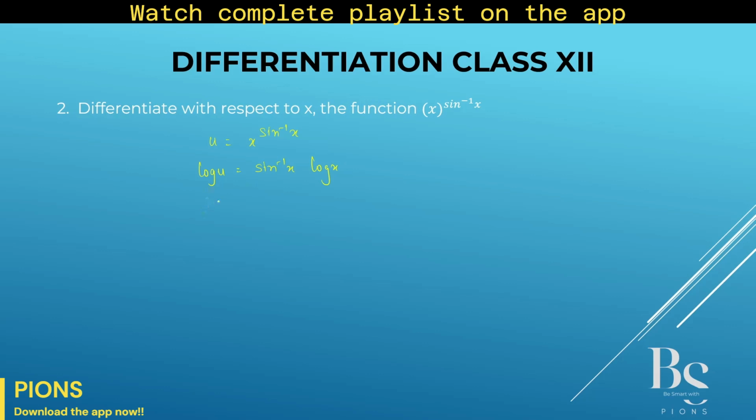Now next, log of u is what? 1 by u du by dx. Derivative, let's use the multiplication rule. Sin inverse x derivative is 1 by root under 1 minus x square. Log x will remain as it is, plus sin inverse x as it is, and derivative of log x is 1 upon x. So I'm writing it here.